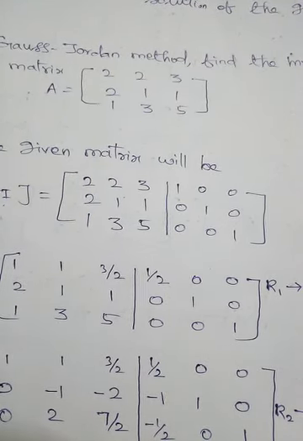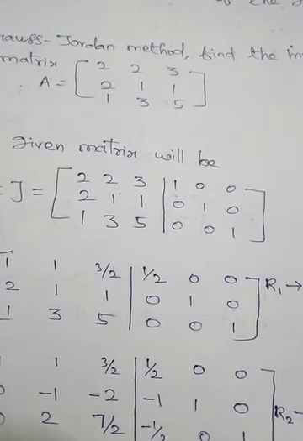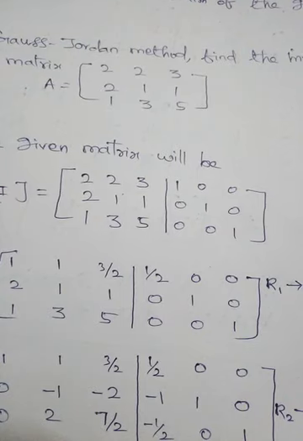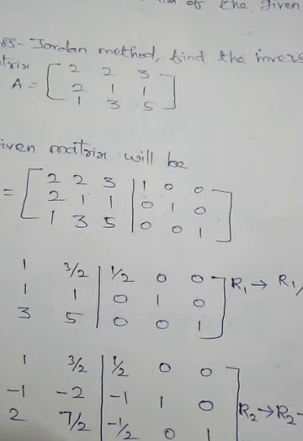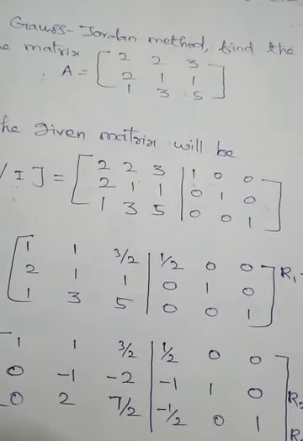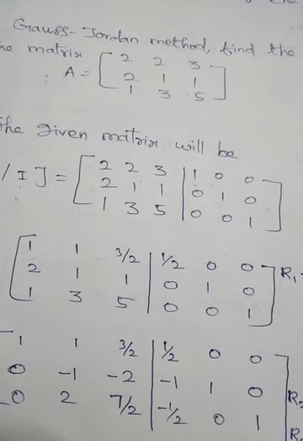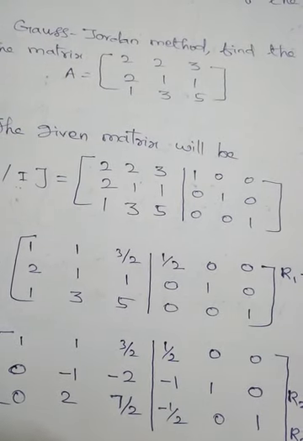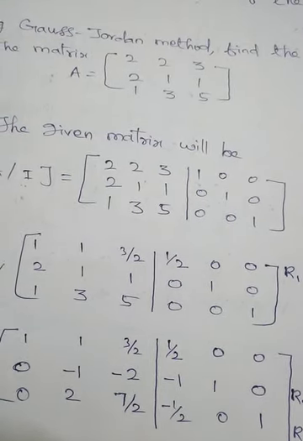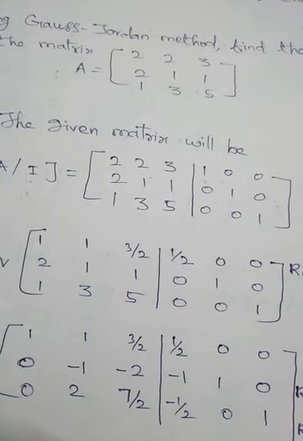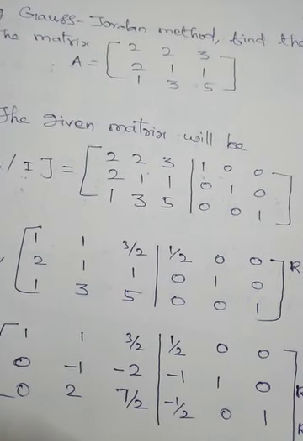Are you clear? So the first row will be like this after using the technique R1 divided by 2. Keep the second and third rows as they are. There is no change in the second and third rows, only the first row changed. I can write the rule as R1 divided by 2.